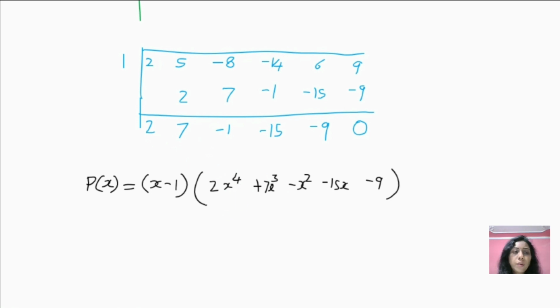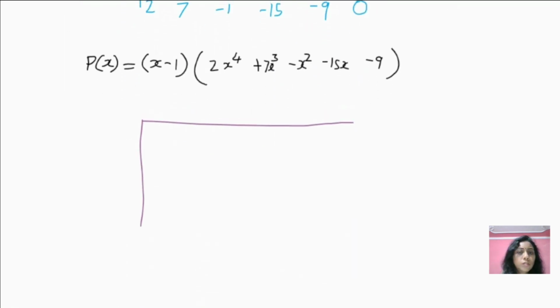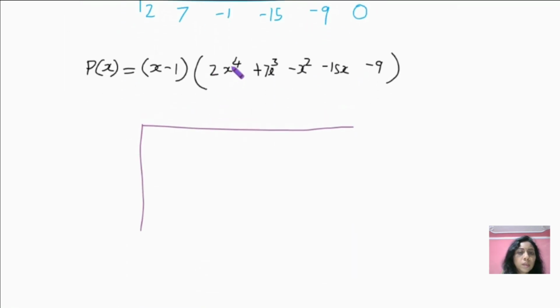Okay. We continue by factoring the quotient. We still have the same list of possible zeros, except 1 upon 2 has been eliminated. Now we will divide by 1 again, not 1 upon 2. The coefficients are 2, 9, 8, minus 7, minus 16, wait, 2, 7, minus 1, minus 15, and the constant, divided by 1.